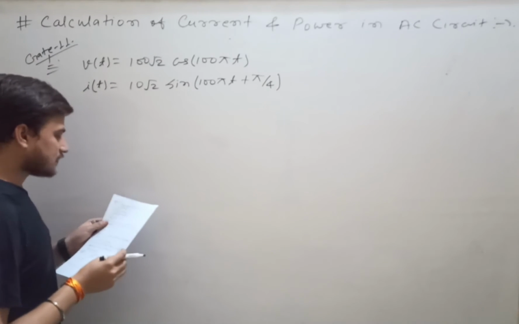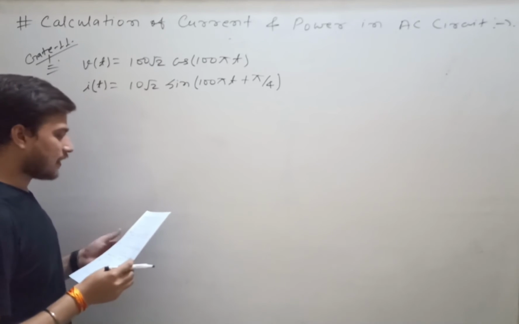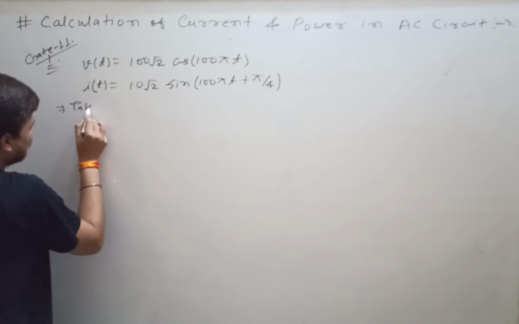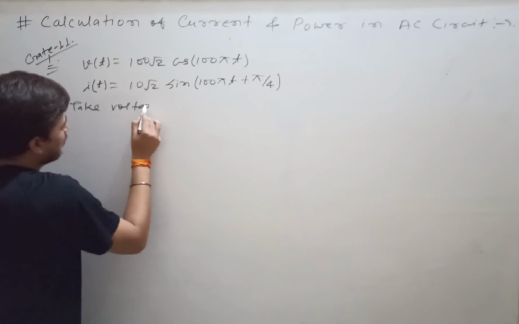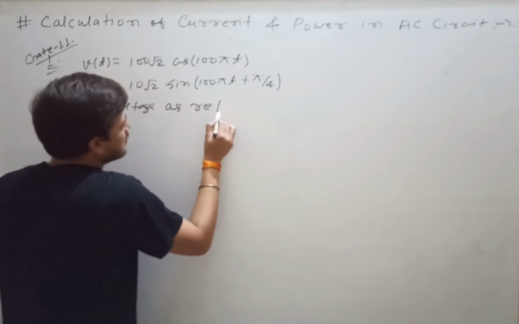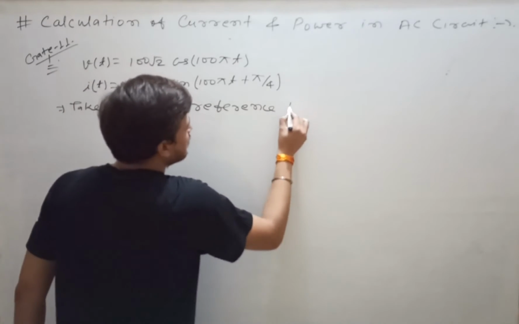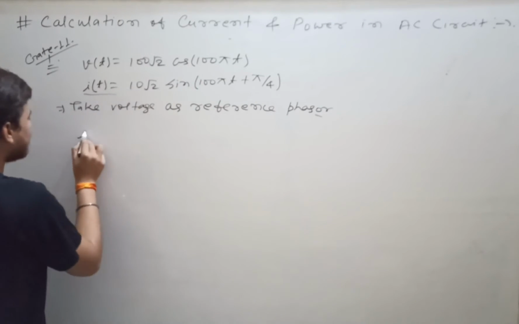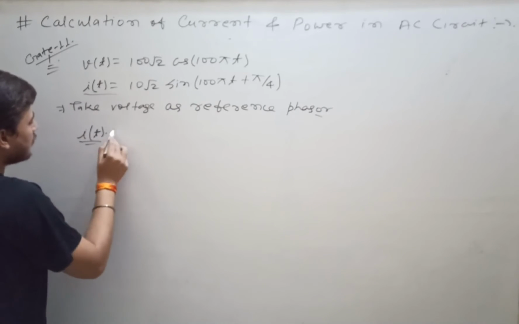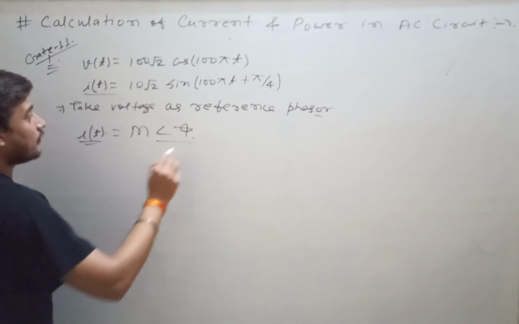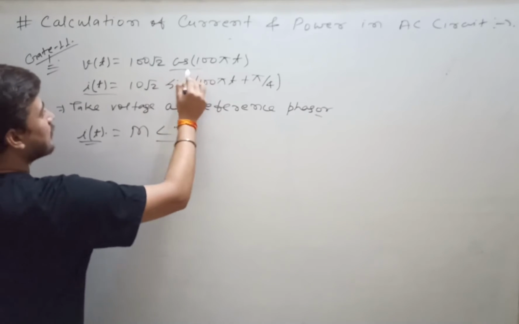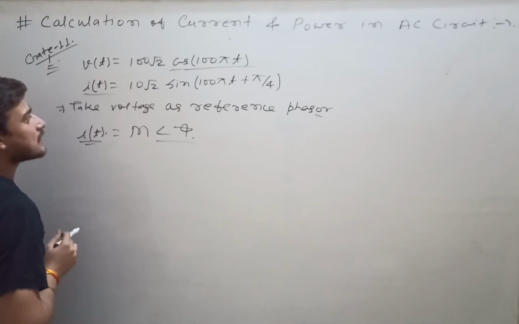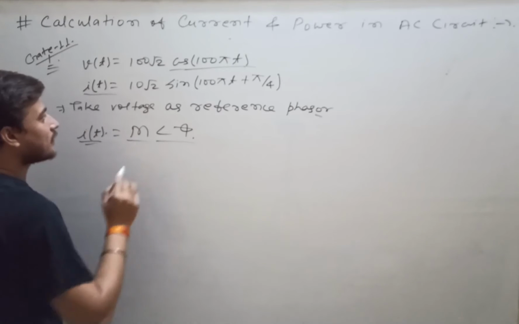Taking voltage as the reference phasor, the phasor representation of current in ampere is? You have to represent the current It in terms of magnitude at the angle phi, taking voltage as reference.